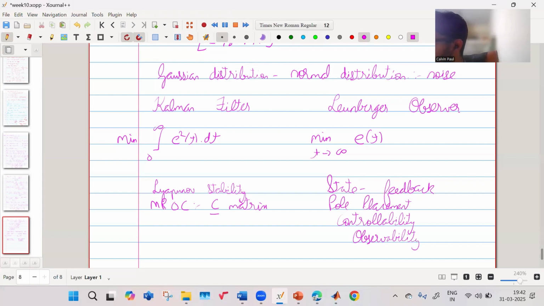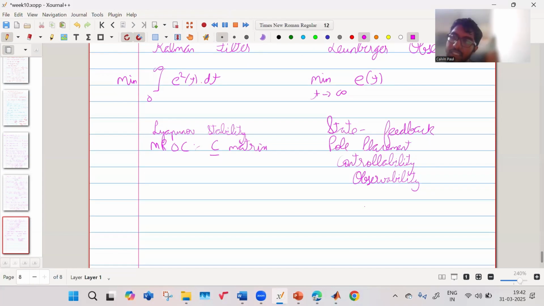These should be known. Stabilizability, detectability, stability. Stability is very important. How do you find the stability? Various canonical forms.